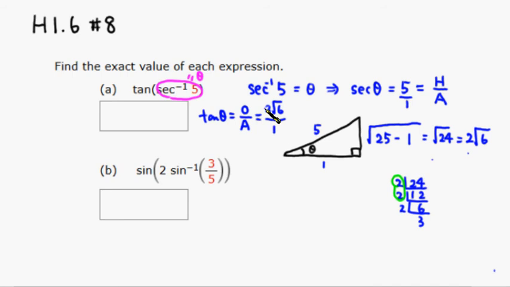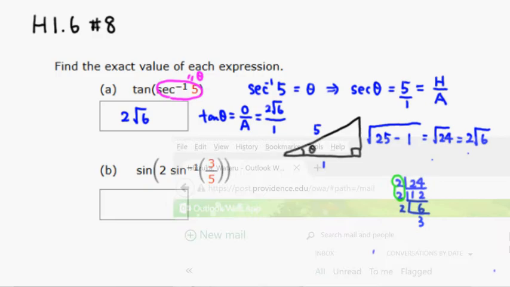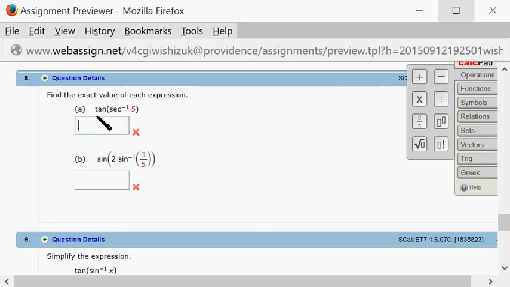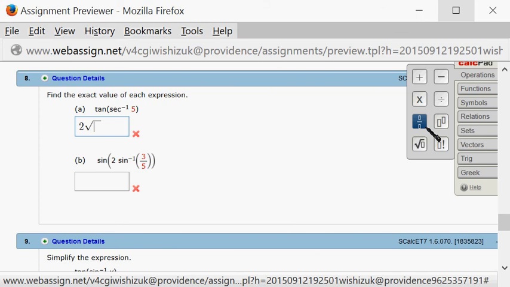So it's going to be 2 square root of 6. Let's type that in first. Oops, sorry, it's the wrong one. Here. So this is going to be 2 square root of 6.